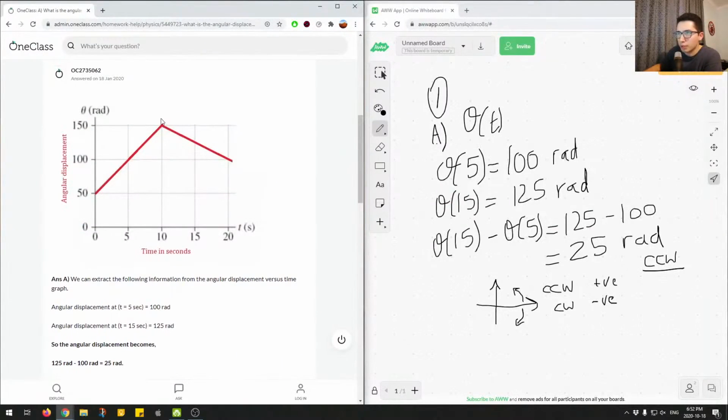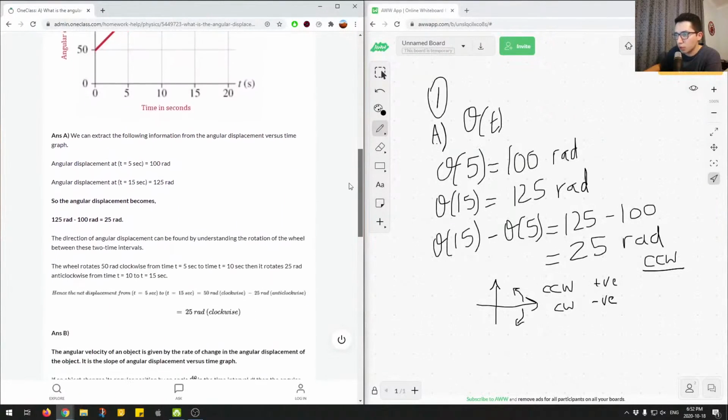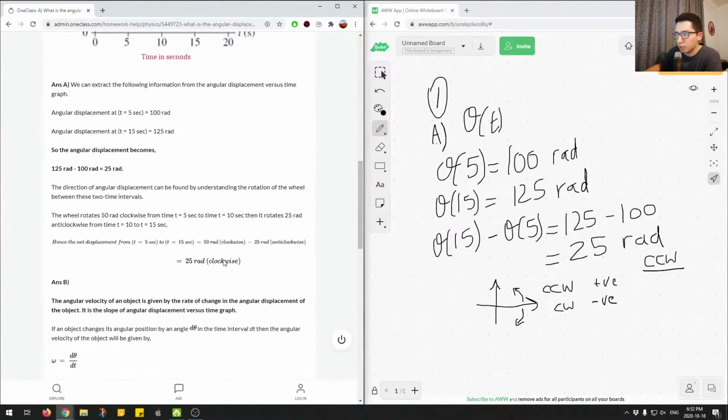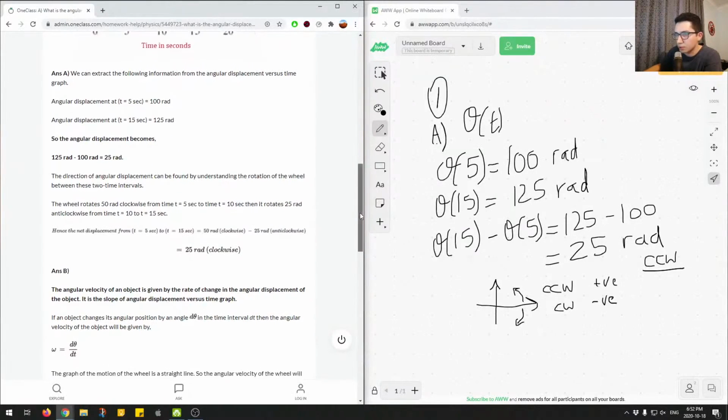Although this is showing an increase and a decrease, really it's only from here to here, which is an increase. That's why you would get counterclockwise rather than clockwise. So they get the right value but the incorrect direction.